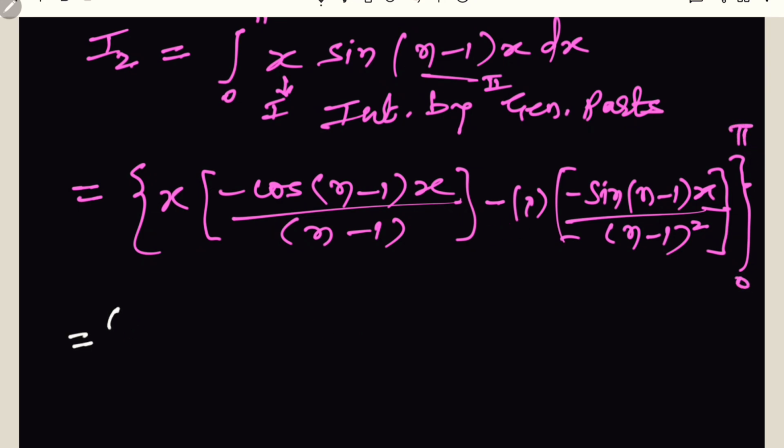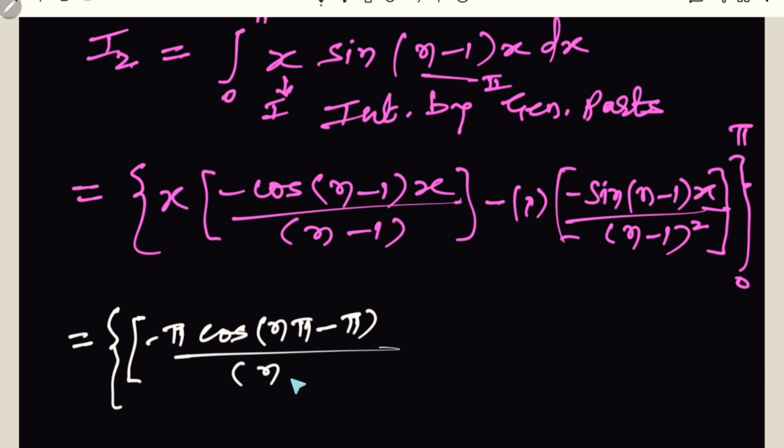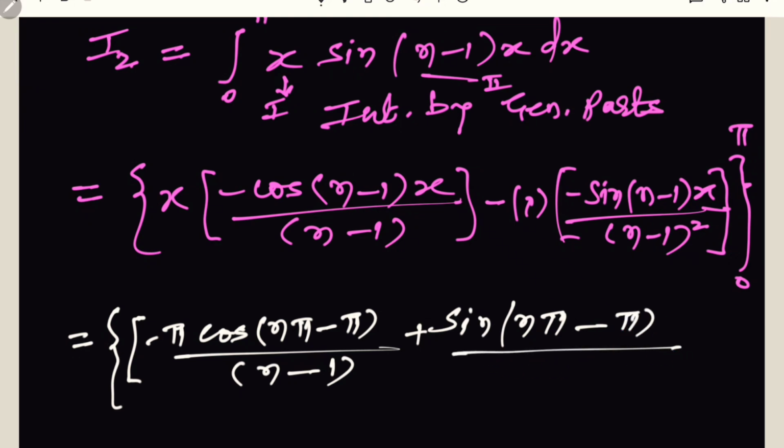Substituting the upper and lower limit. For the upper limit we have minus pi cos of (n pi minus pi) upon (n minus 1), minus minus plus sine of (n pi minus pi) upon (n minus 1) whole square.